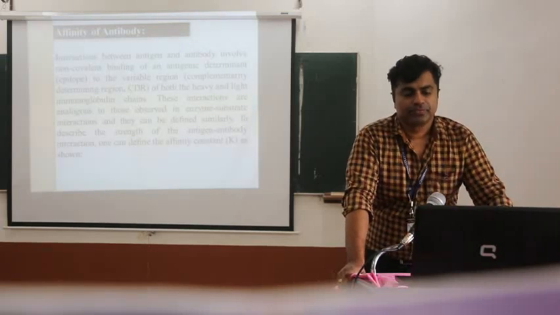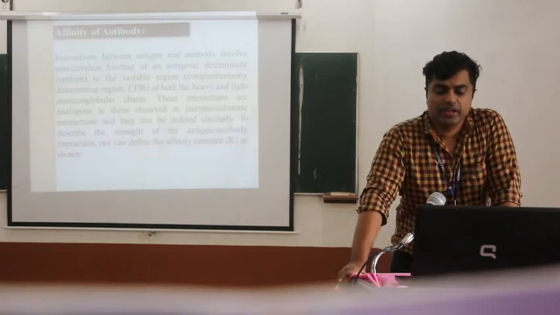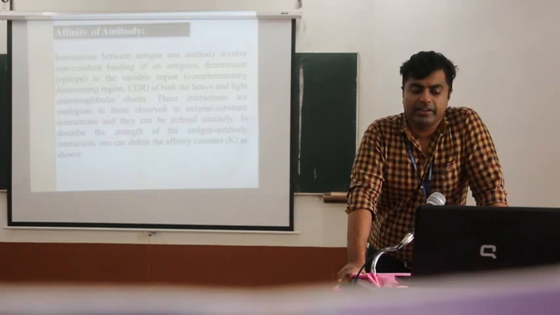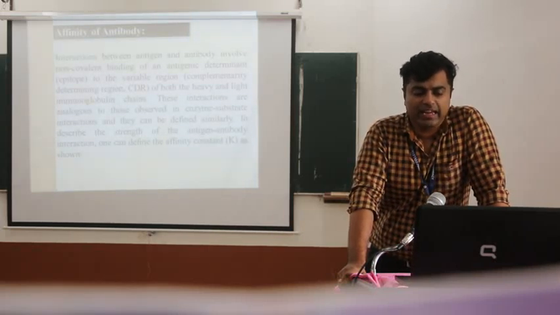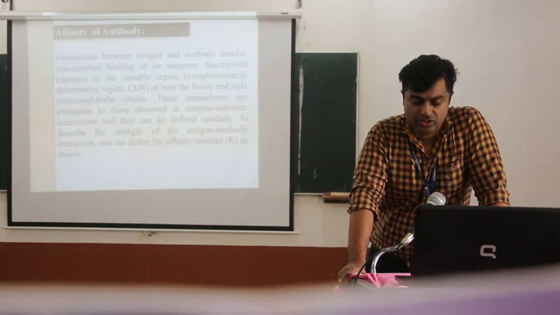Affinity of antibody. The interactions between antigen and antibody involve non-covalent binding of an antigenic determinant to the variable region of both the heavy and light immunoglobulin chains. These interactions are analogous to those observed in enzyme-substrate interactions, and they can be defined similarly.